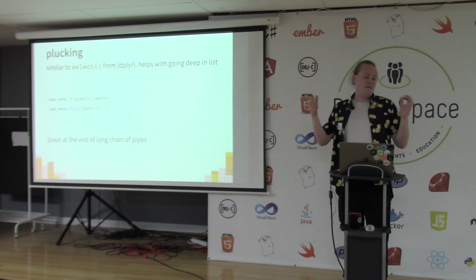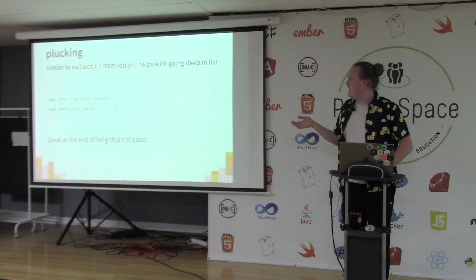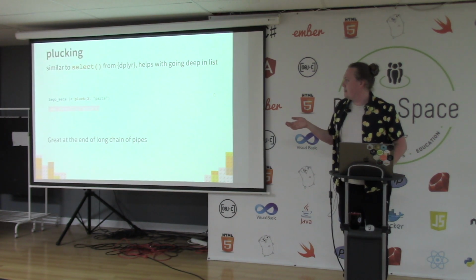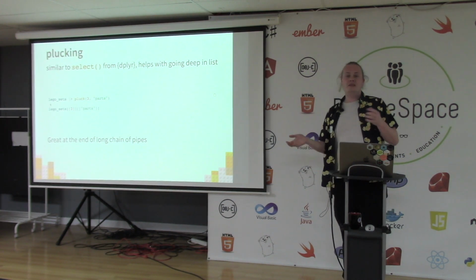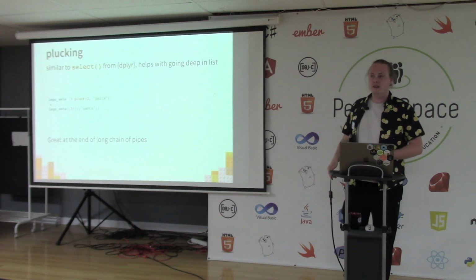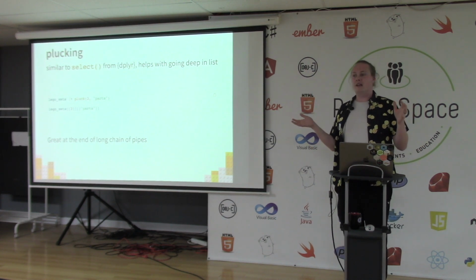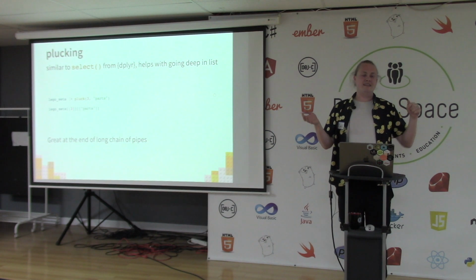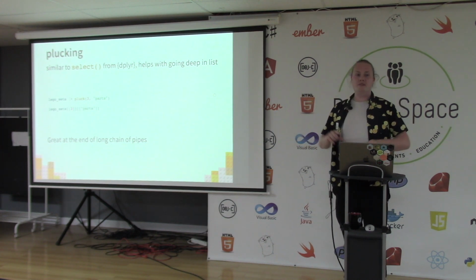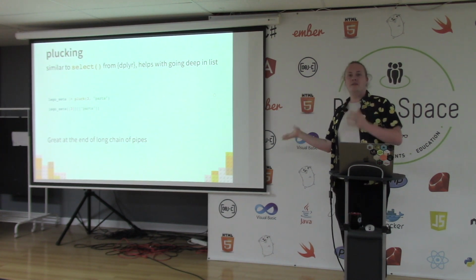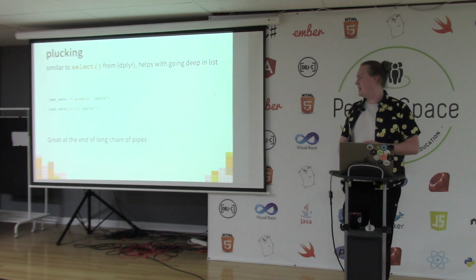It's just a different way of saying this. Sometimes it's really nice when you have a variable that's deeply nested, but you know the names, and you just pass them in like this. I use this sometimes, it's kind of nice.